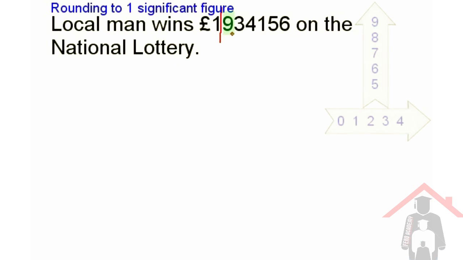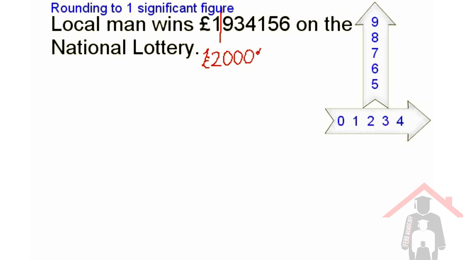Because this figure here is 5, 6, 7, 8 or 9, this figure has to go up to a 2. Now, they wouldn't report the amount of money as £2 either, because that's just silly. What we need to do is change all of these to noughts. So this number, rounded to one significant figure, is £2 million.